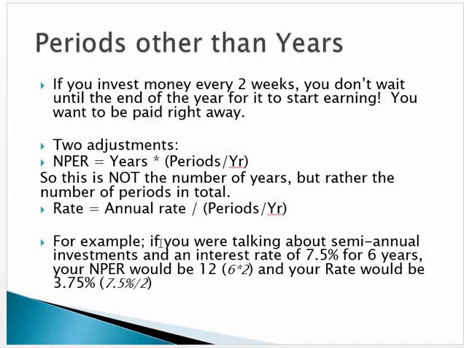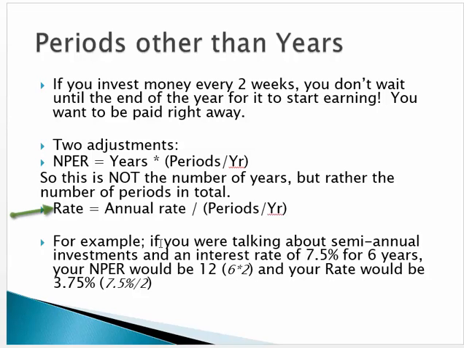If it's a payment that happens every 2 weeks, we're going to take the number of years, and there are 26 2-week periods in a year, so we would multiply the number of years times 26, etc. So that's going to be our N per entry in Excel. That's the number we're going to use for that argument in all of our functions. And again, it's the number of periods, not the number of years.